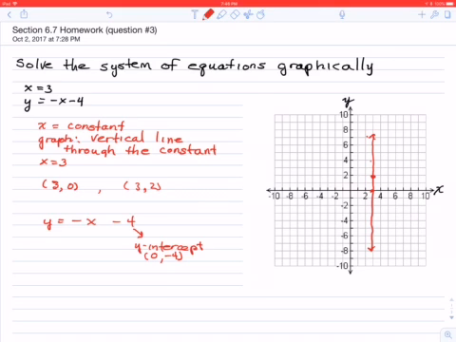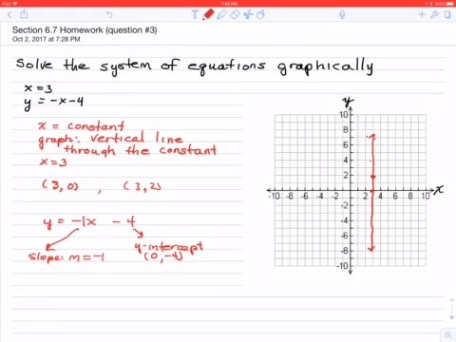The coefficient, or the number factor by the x, is our slope. If there is no number there, assume it's a 1. All right, so our slope is abbreviated by the letter m.